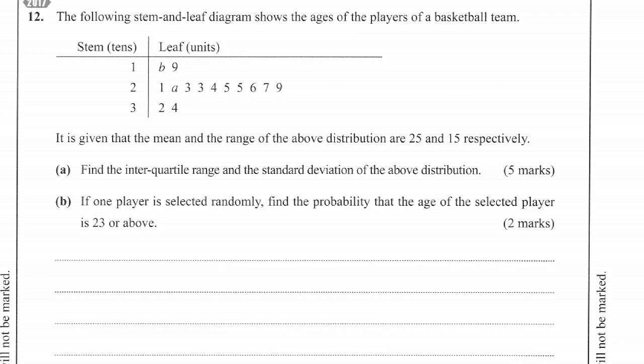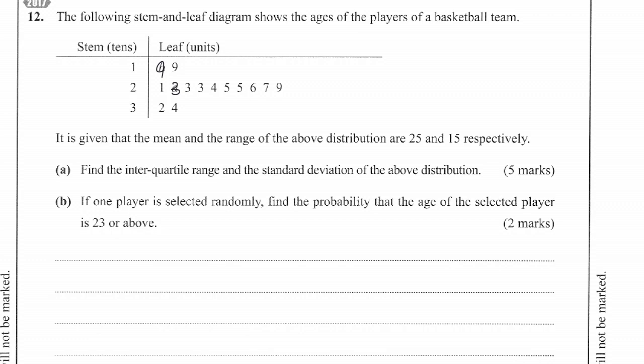The interquartile range and the standard deviation. If a player is randomly selected, what is a? What is b? a is 3. b is 9, right? And then if one player is selected randomly, find the probability that the range of that selected.